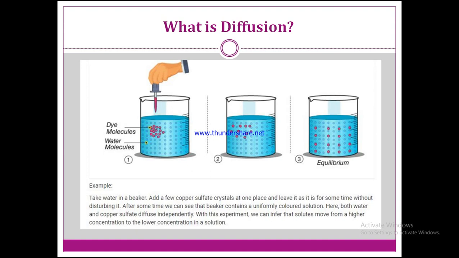So when we add dye molecules to pure water, the process is called diffusion. In the same example, the water in its purest form is added with the dye molecules of copper sulfate and it reaches an equilibrium with the materials.